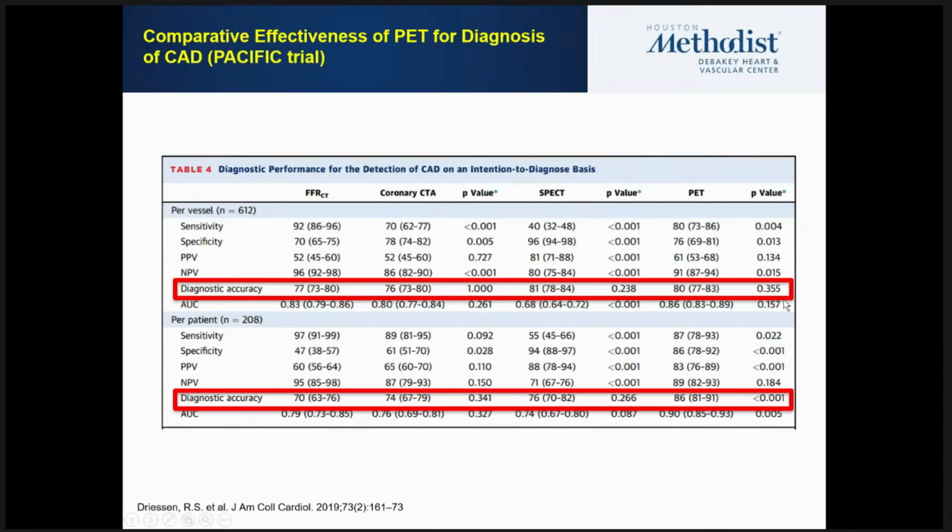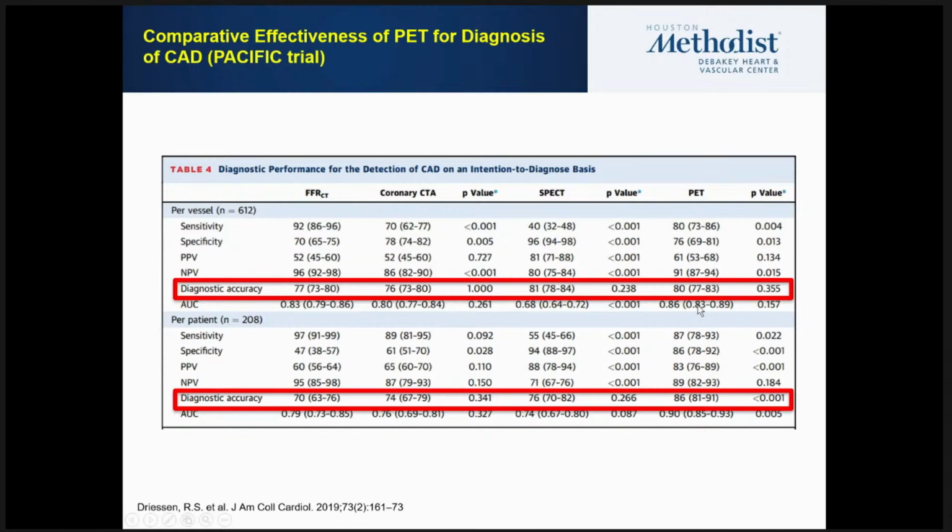In terms of accuracy of perfusion, this is data from the PACIFIC trial, and looking just at flow, you can see that PET had the highest overall accuracy, either per patient or per vessel analysis. And you can see it was overall 80% diagnostic accuracy per vessel.